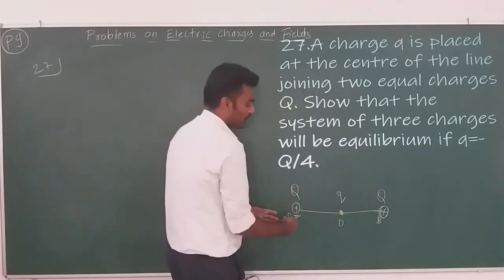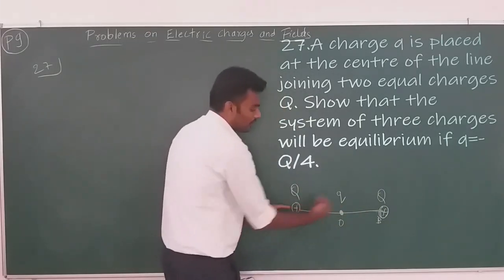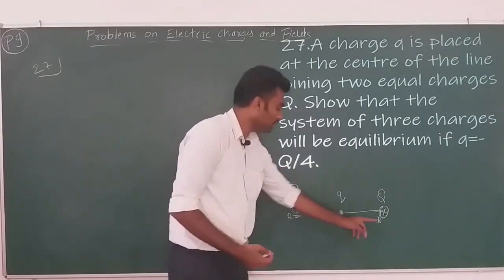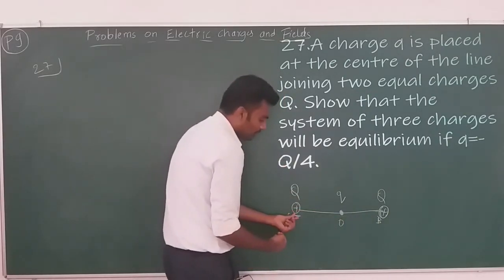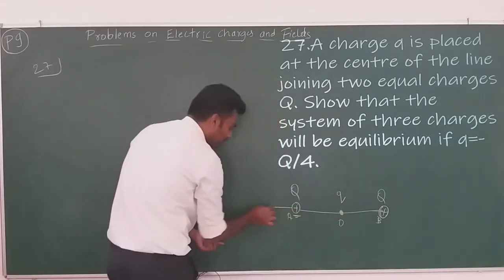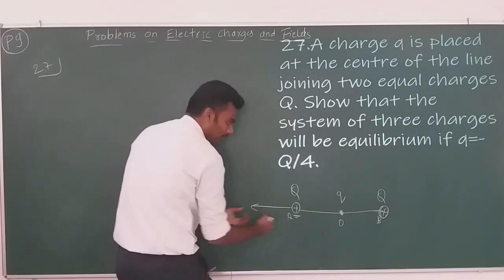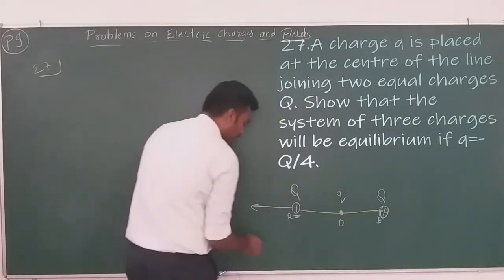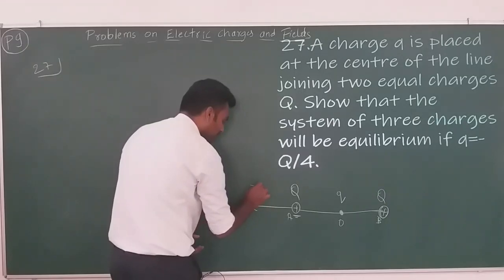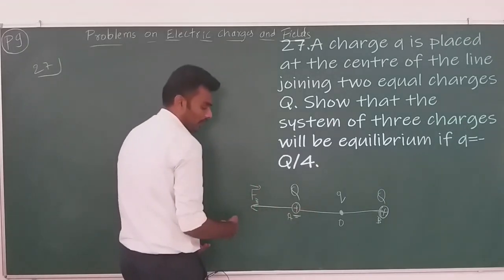Now, this has to be in equilibrium. Obviously, there will be a force of repulsion in this direction due to the charge B. This is how FB acts, a force of repulsion in this direction.